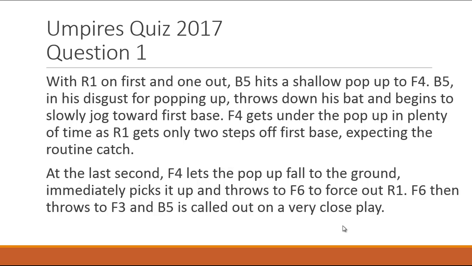At the last second, the second baseman lets the pop up fall to the ground, immediately picks it up and throws to F6, the shortstop, to force out the runner at second base. The shortstop then throws across to first base, and the batter is called out on a very close play.